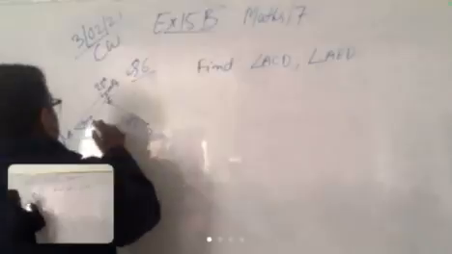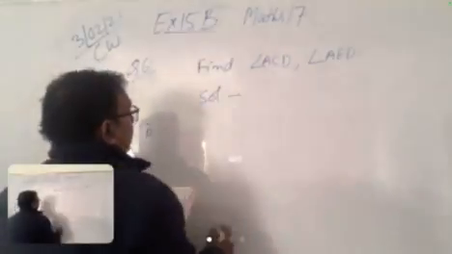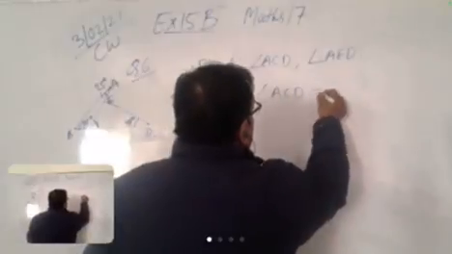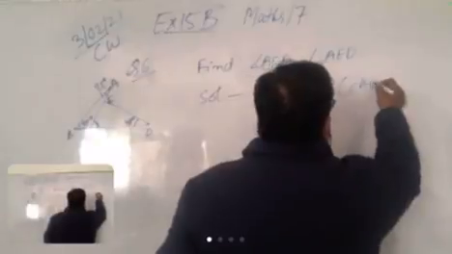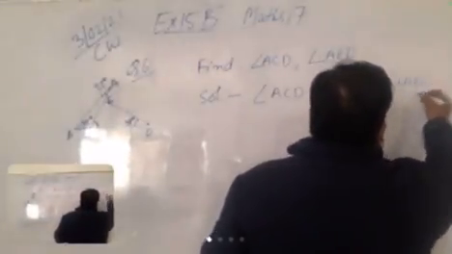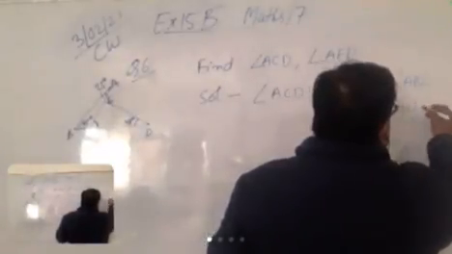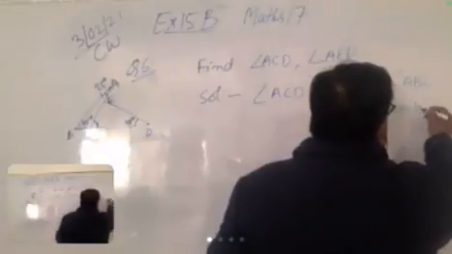So this is basically the angle ACD. Everyone see the solution carefully. Angle ACD is equal to angle CAB plus angle ABC, exterior angle property.